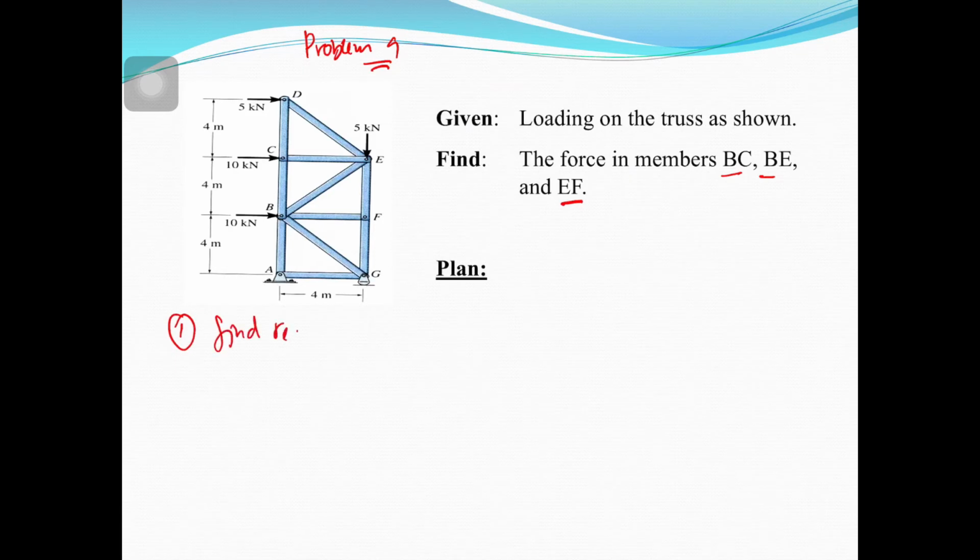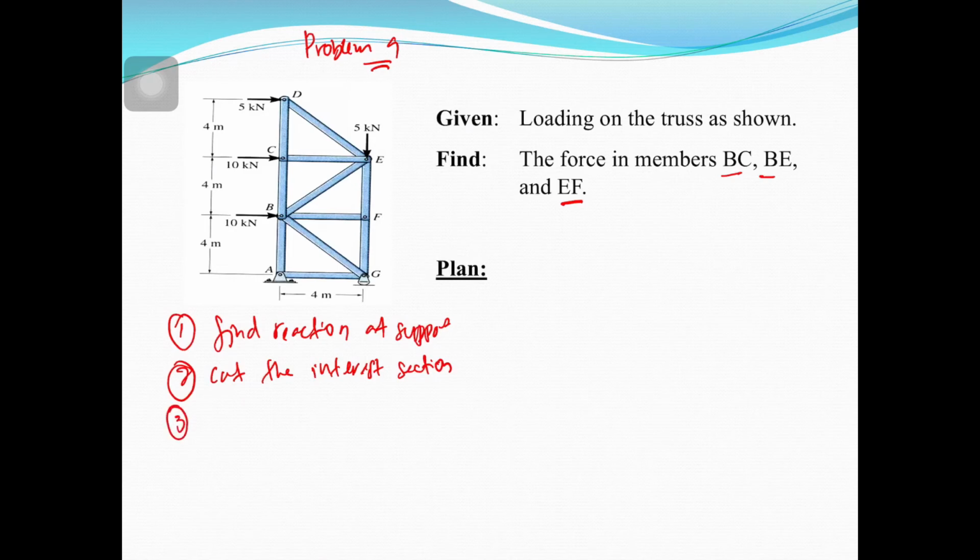First, find reaction at support. Number 2, cut the section of interest.